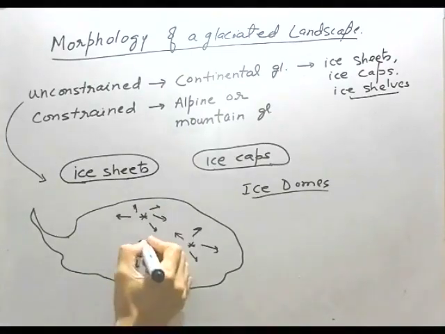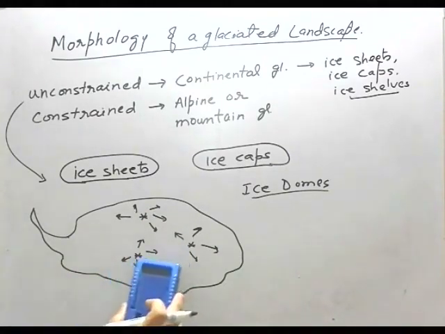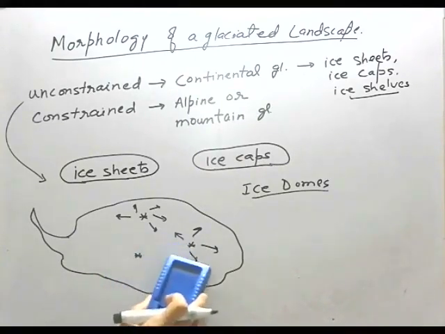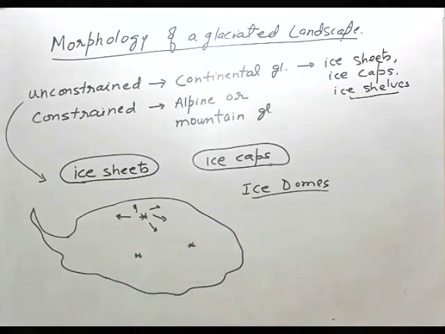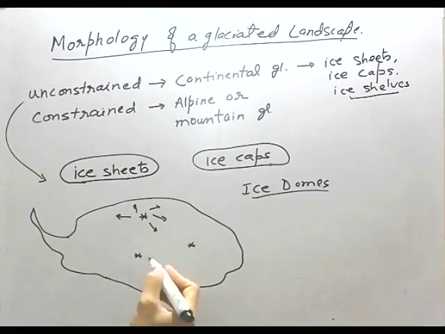Now, the movement of ice outwards from these domes is simply not in the form of a moving sheet of ice, rather it is in the form of moving channels of ice. These are fast moving channels of ice, and they are arranged in a dendritic, or you can say branching form, in the manner in which this ice is coming out from the domes.